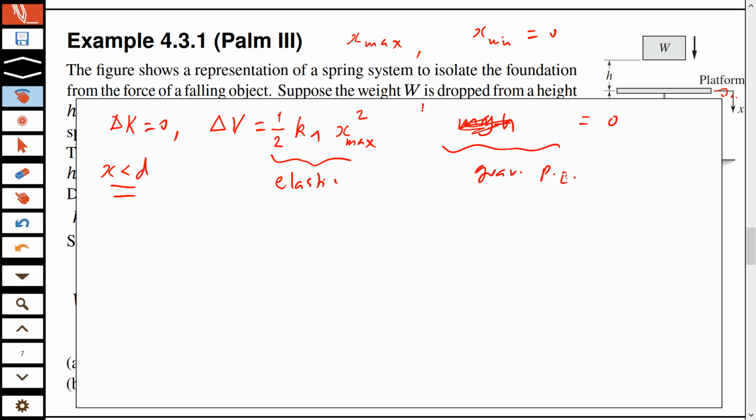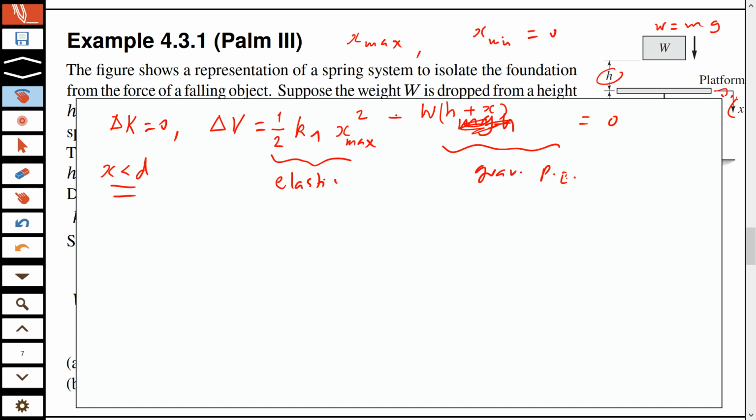So instead of mg, I will write W because that is the weight. W is equal to mg. So I'm just writing W. And W times h, of course, plus x. x starts after h, okay?